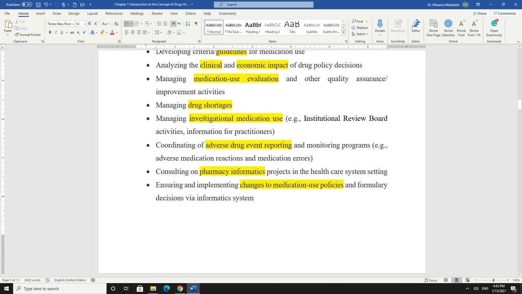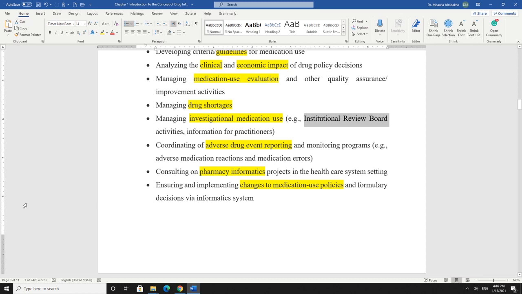Also, you can have a role in investigational medication use, and you will learn this later. We have the Institutional Review Board, and we have one at our university. It's called the Research Ethics Committee.